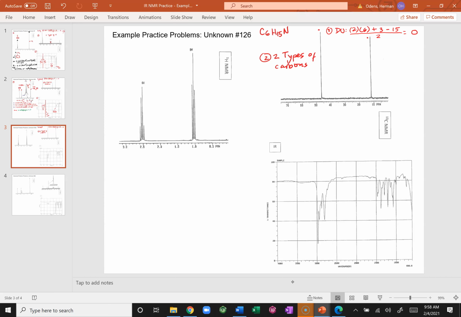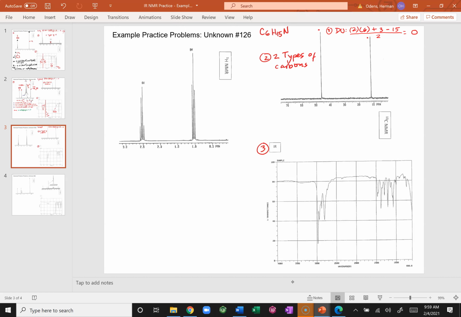All right. Number 3, we're going to solve for the infrared. Check this out. I have a nitrogen, so I must have an amine, right? Or an imine. Those are the only 2 options. So let's see if it's an imine.